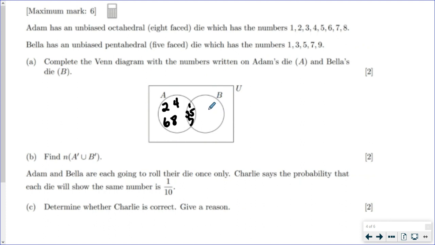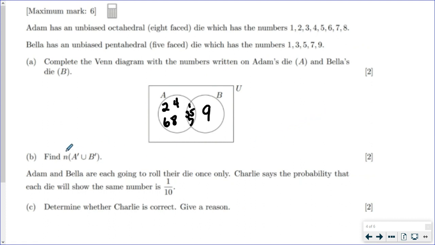And just 9 would go here. All right. And of course, we want to make sure that we cover every number possible. Up here we have 1 through 8 and then 9. So here we have 1, 2, 3, 4, 5, 6, 7, 8, and 9. So we have them all.